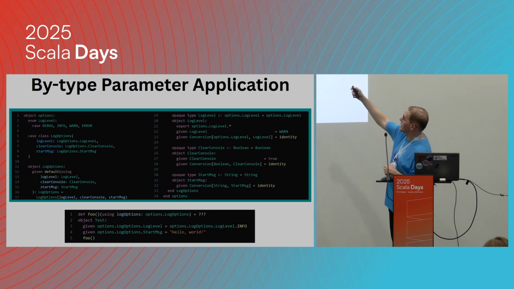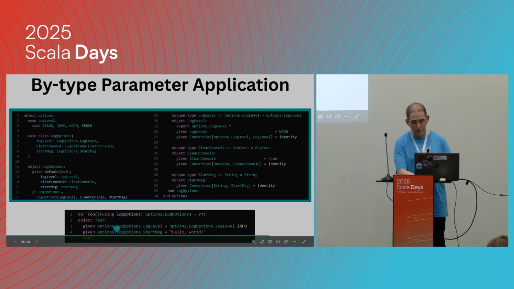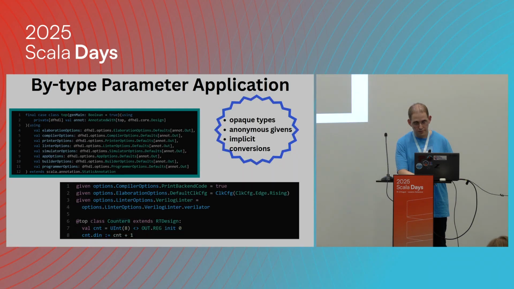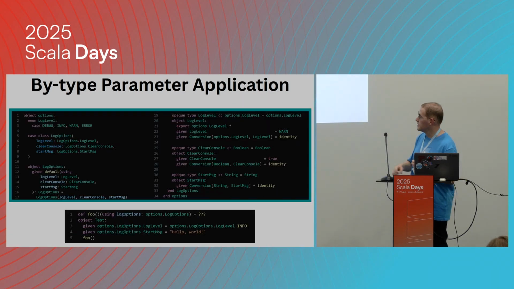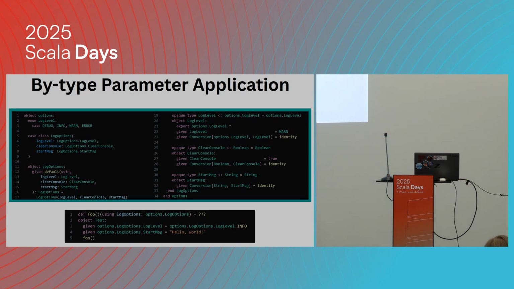So the library that defines the option uses all these opaque types and defines the different sub-options. But at the user level, all the user needs to do is just write given with the full type and then assign a value. And everything is propagated automatically.